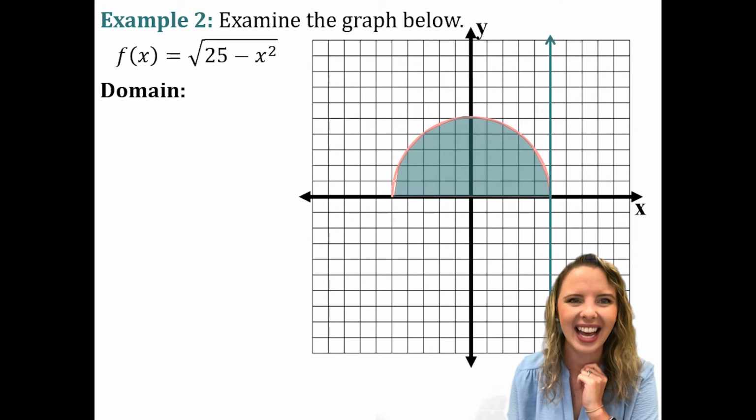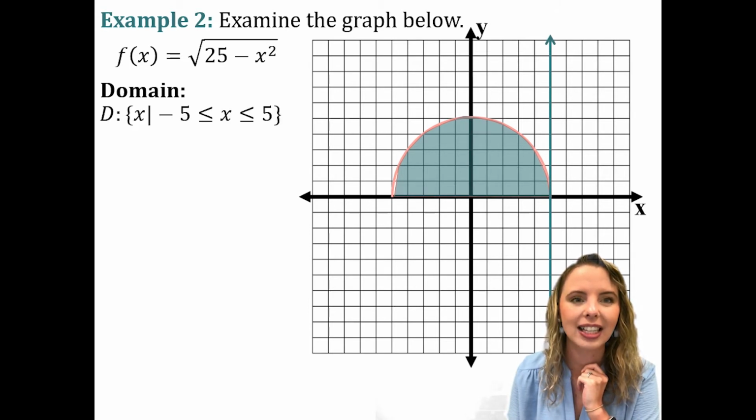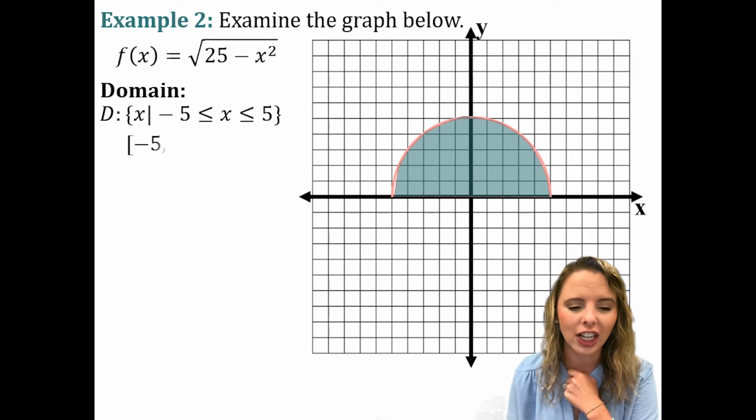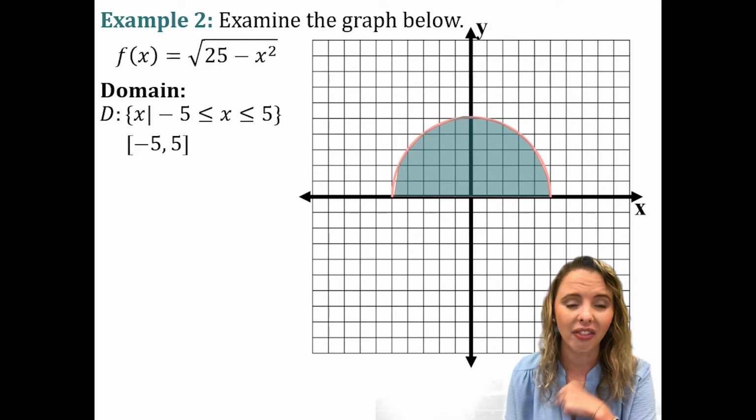+5. Okay, so we know that x is going to be between -5 and 5. So -5 is less than or equal to x is less than or equal to 5. And our interval notation is going to be -5, 5 with brackets on both sides because our function is actually equal to -5 and 5.